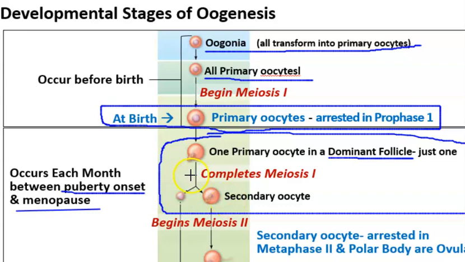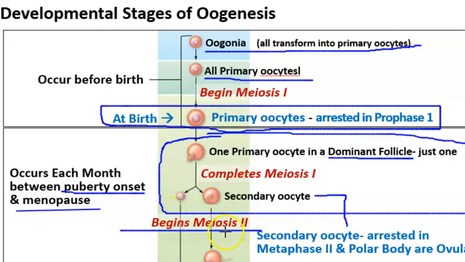As you know, it's this secondary oocyte that is ovulated, but it has already begun meiosis 2 before the sperm came along. The secondary oocyte is actually arrested in metaphase 2.